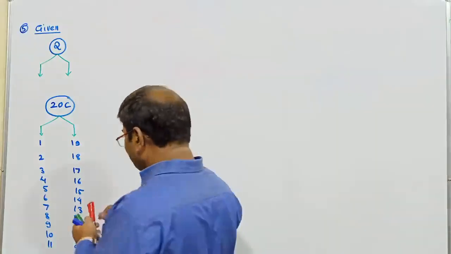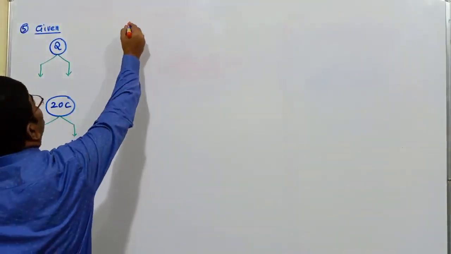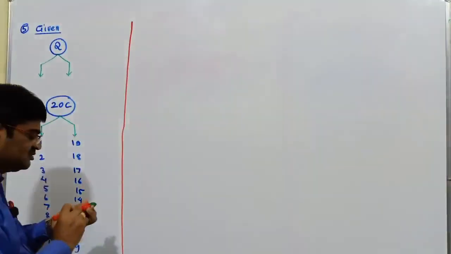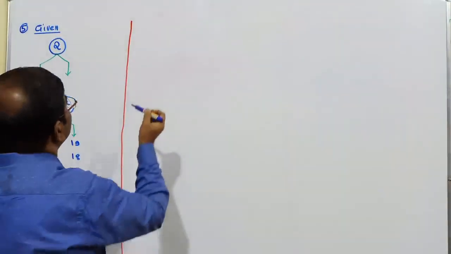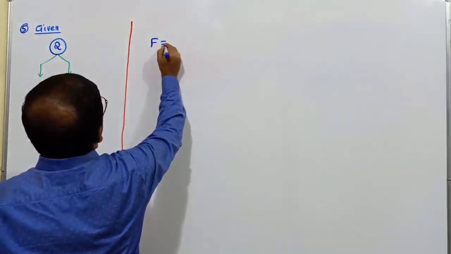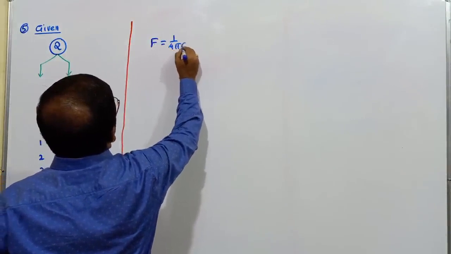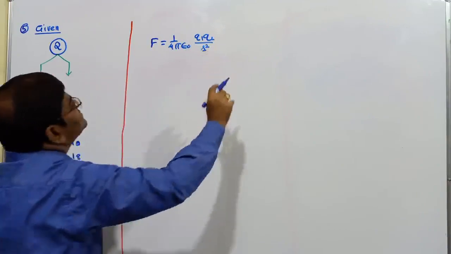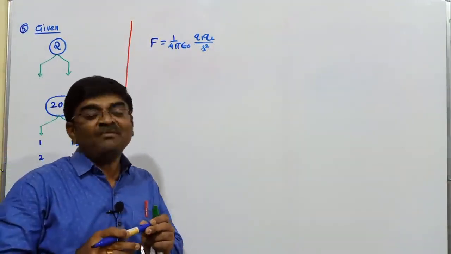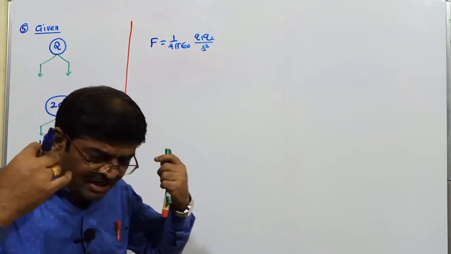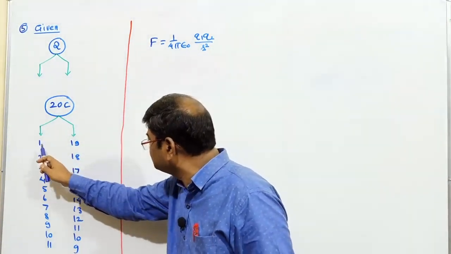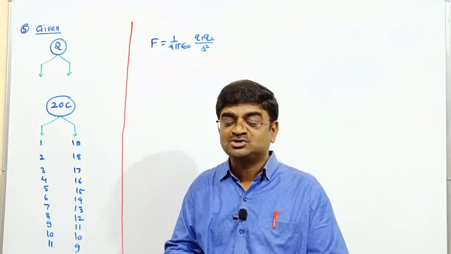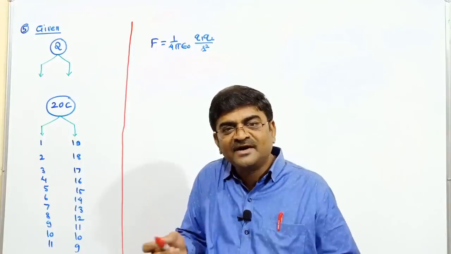So if you remember, to calculate the force between two charges, we take the assistance of Coulomb's law, and that is F equals 1 upon 4 pi epsilon 0 Q1 Q2 by R square. Correct? Now my focus is, for any given pair, whether it is first pair, second pair or any pair, I am going to have those two charges, those two divided parts, in the air.